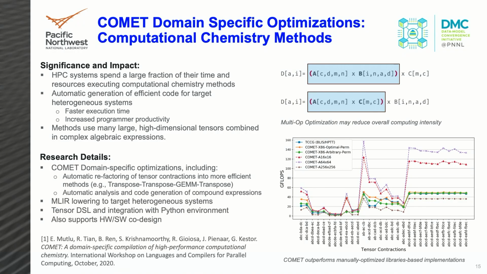Here's an example from computational chemistry, where we're looking at how many of the tensor operations for our computational chemistry codes, that include things like tensor contraction engines, can be subject to different levels of optimization or performance improvement.